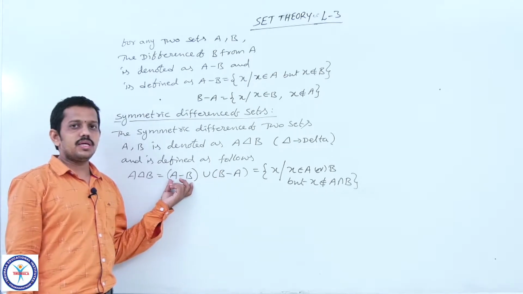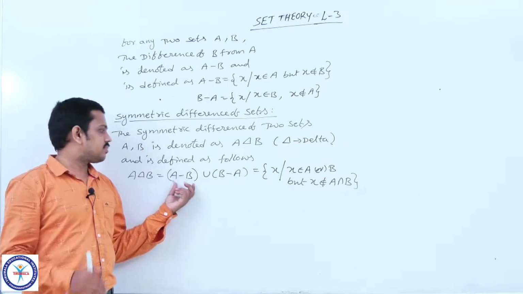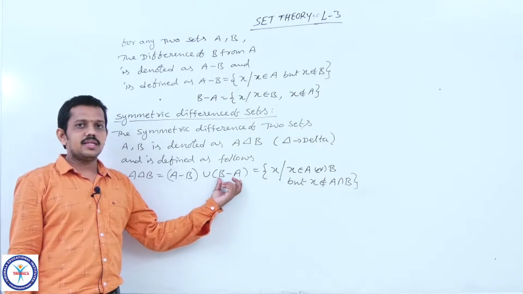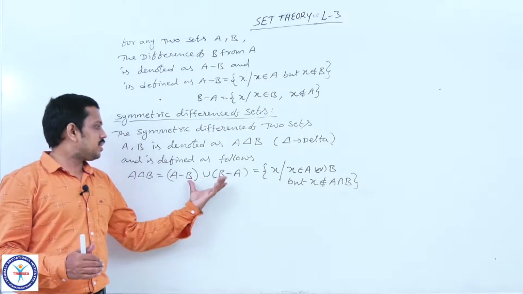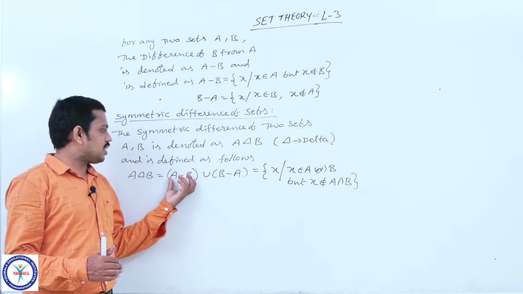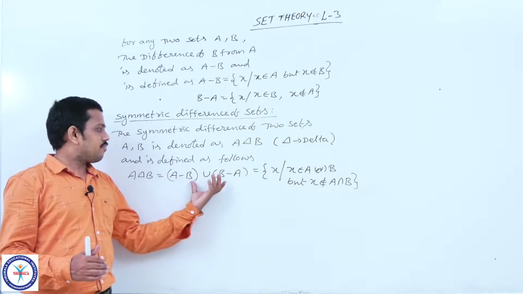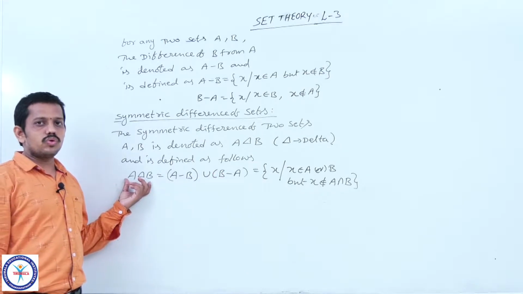What is A minus B? The set of elements which belong to only set A. And what is B minus A? The set of all elements that belong only to set B. By taking only the elements of B and only the elements of A, we describe the symmetric difference of two sets.